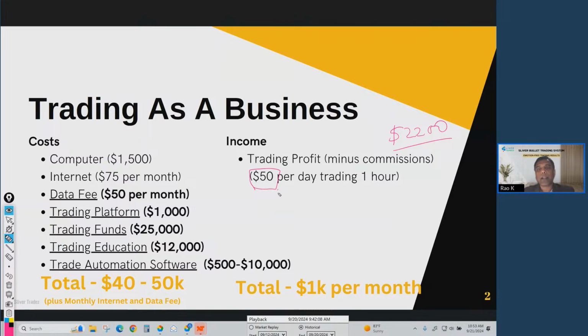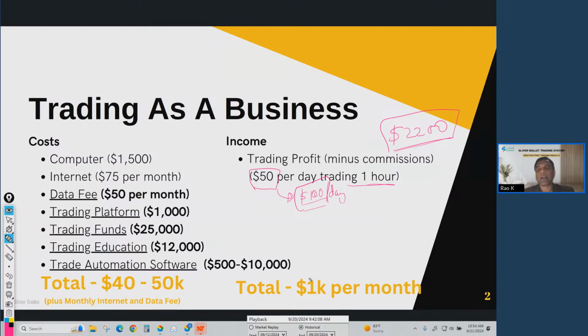So is it okay for me to increase my expectation to $100 per day by trading 1 hour? Yes, I think I can make $100 per day, because just now I saw a demo that the software made $2,200. Some days it could make loss, some days profit. So I can increase my expectations from $50 per day to $100 per day trading 1 hour.